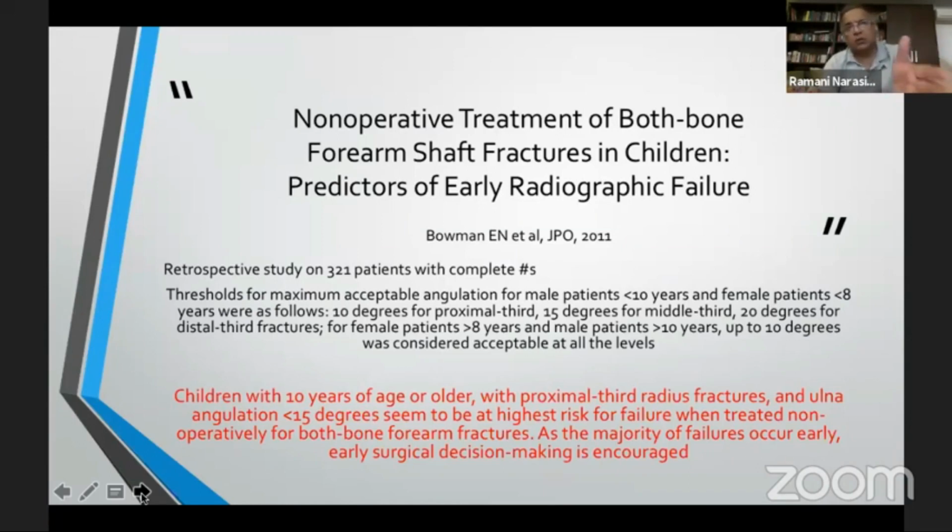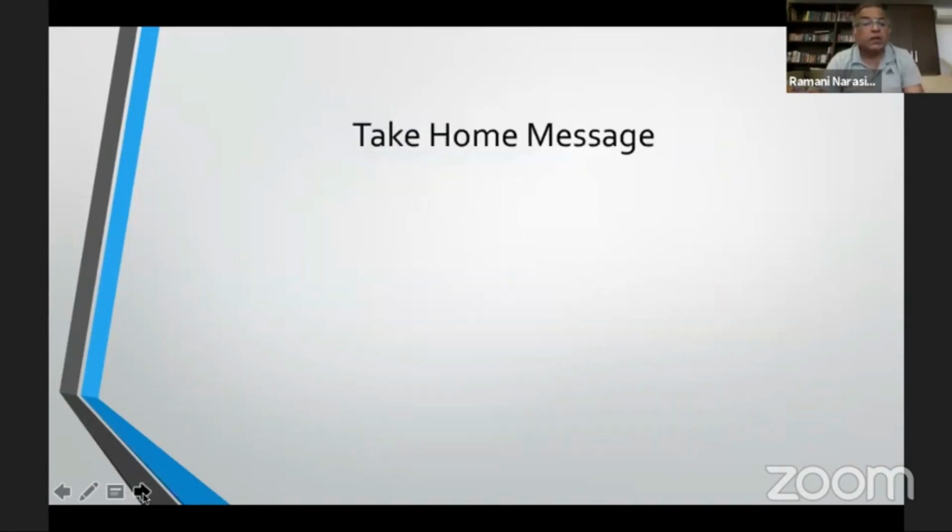If you remember, Dr. Manoj also mentioned that sometimes a straighter ulna could act like a strut, which can be a hindrance for a proper reduction of the radial fractures. So they found that it was a very strong factor which influenced, in their paper, the future of the alignments being maintained. Most of the alignments which got affected were in those patients where the initial angulation of the ulna was less than 15 degrees. So that's an interesting point, which is something to be thought about.